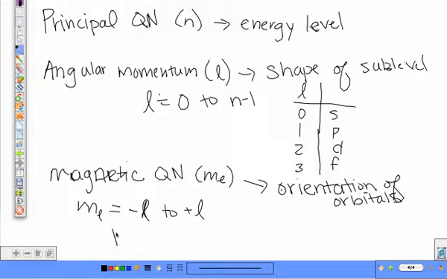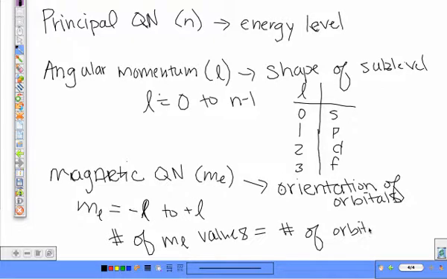And the number of ML values is equal to the number of orbitals. Like when L is equal to 1, when we have a P sublevel, we have negative 1, 0, and 1. So that's 3 ML values, so we have 3 orbitals.